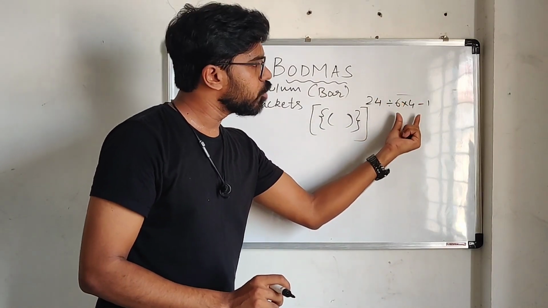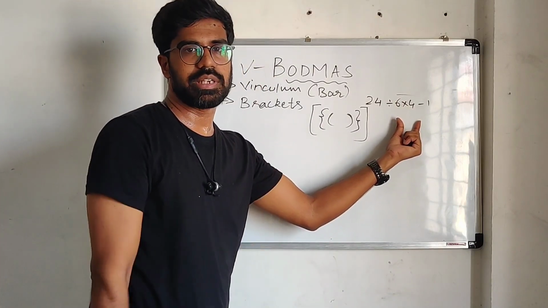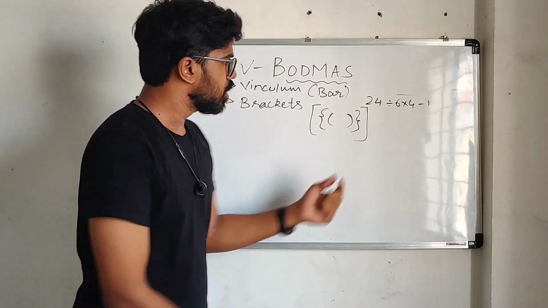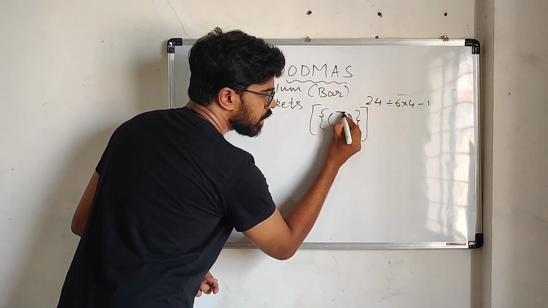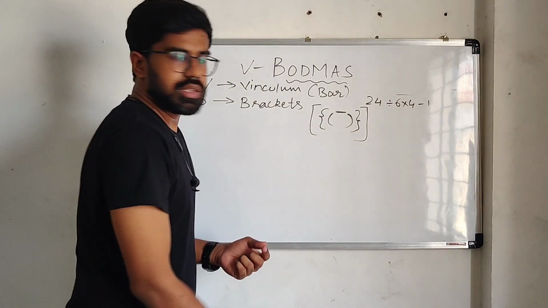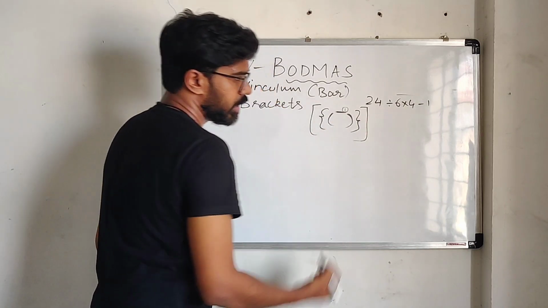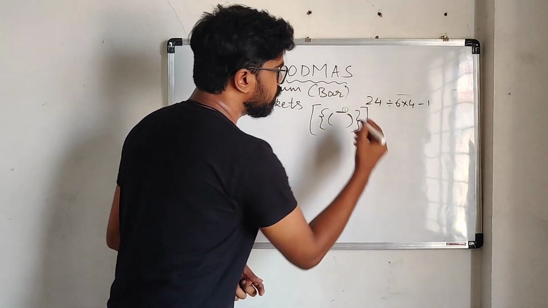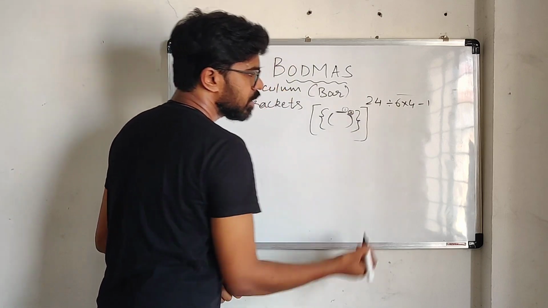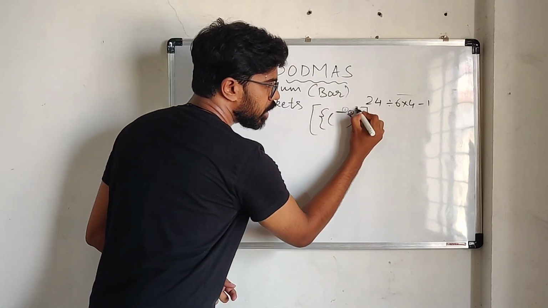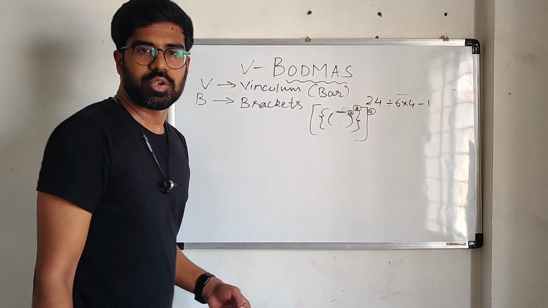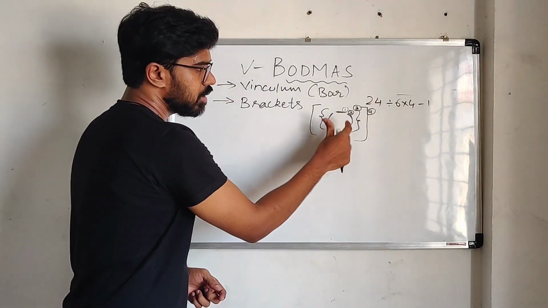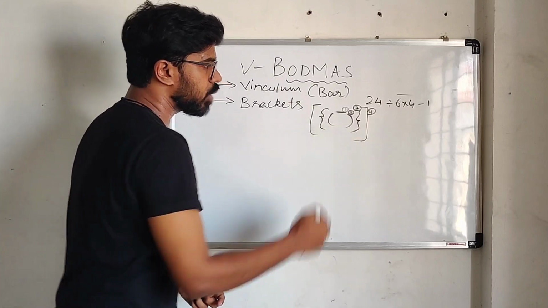So if a bar is given, then you will be solving those numbers first. Is that clear? So the first priority is the bar, then the round bracket, then the curly bracket, and the fourth goes to the square bracket.